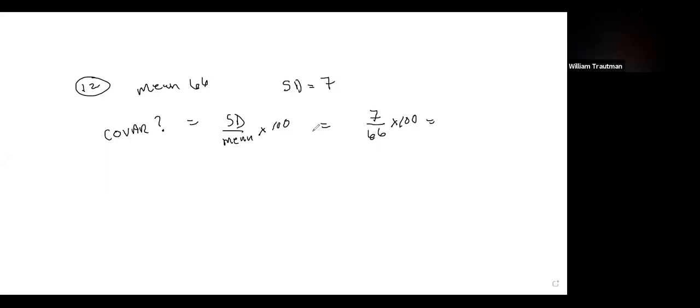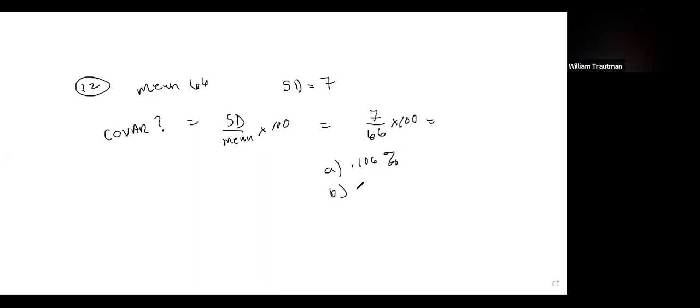So we're going to do 7, on my calculator page that I created, divided by 66. And then I had to hit Control Enter to get the decimal part of that. I just want to show you what the test will look like. Question A might be 0.106%.